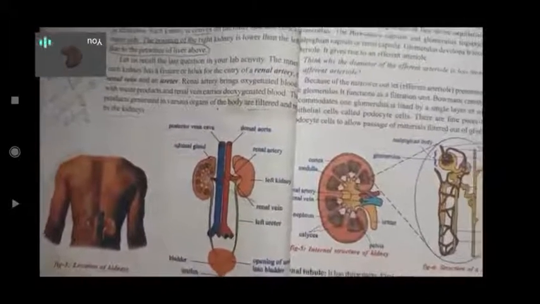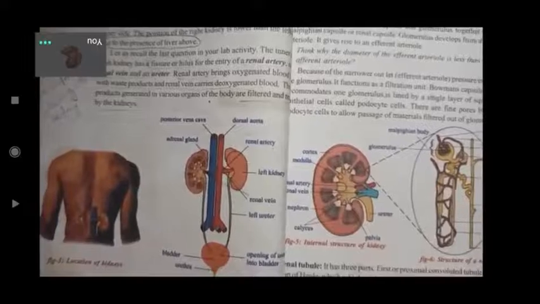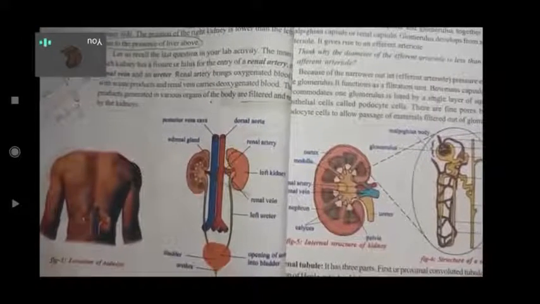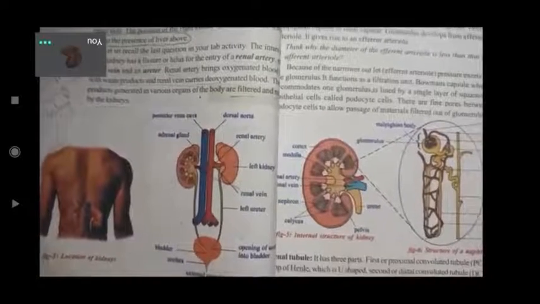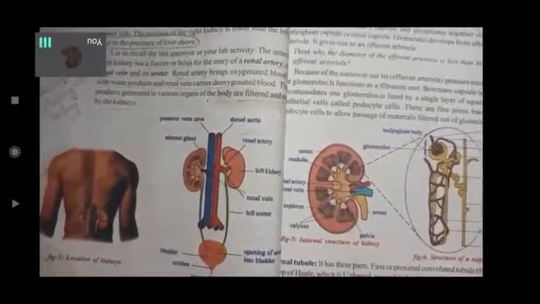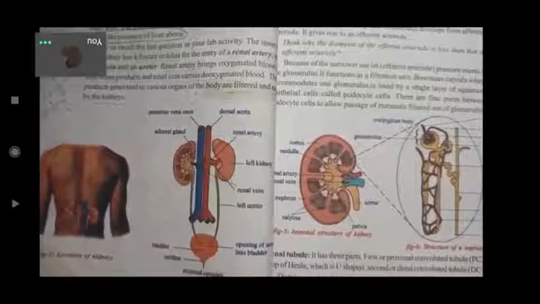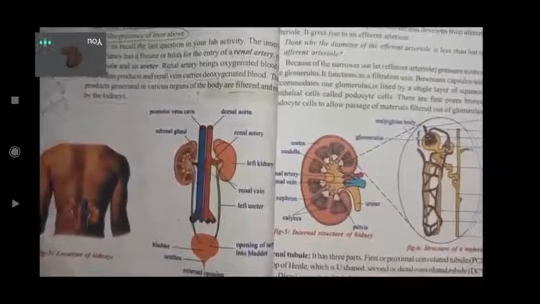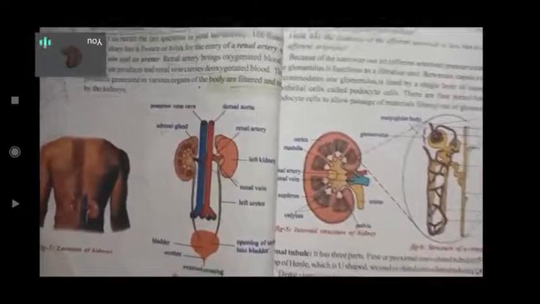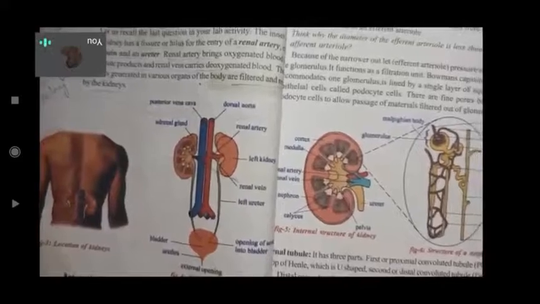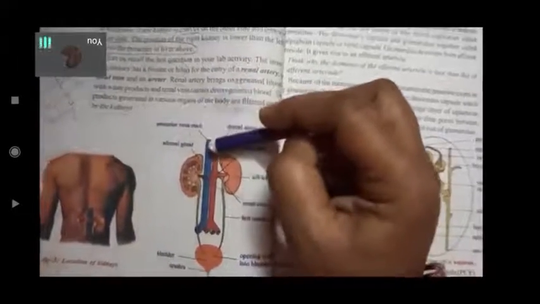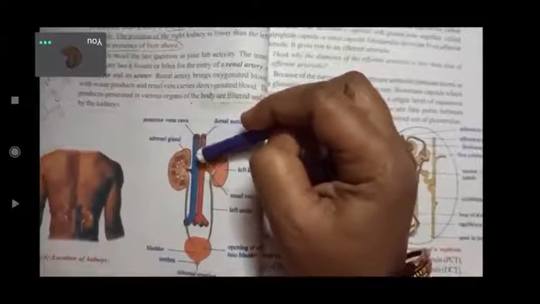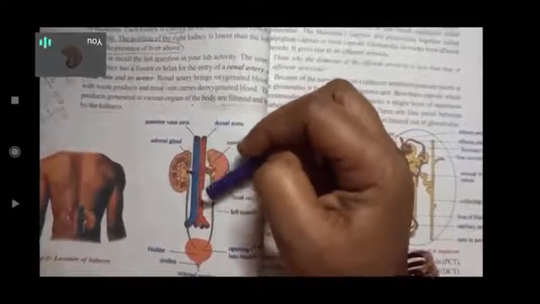The posterior vena cava carries deoxygenated blood to the heart from the lower parts of the body, that we know. So that is connected to the excretory system, both the kidneys.